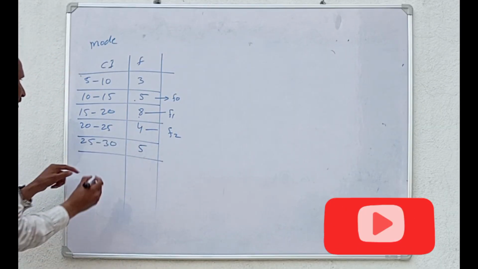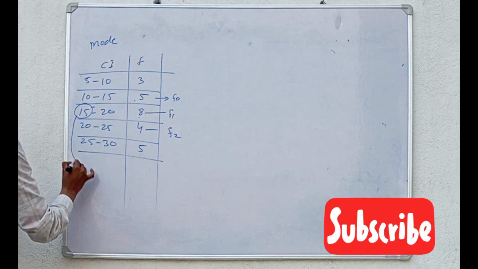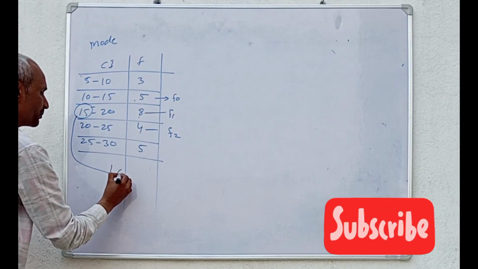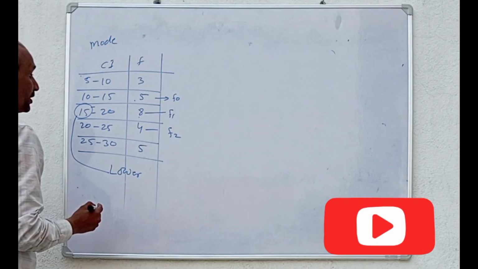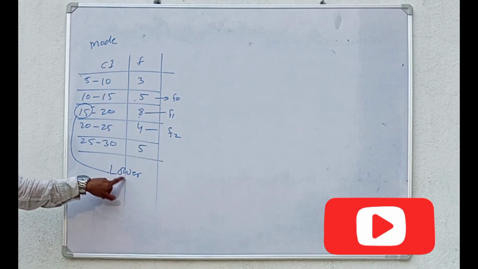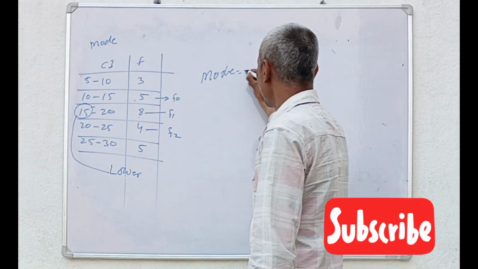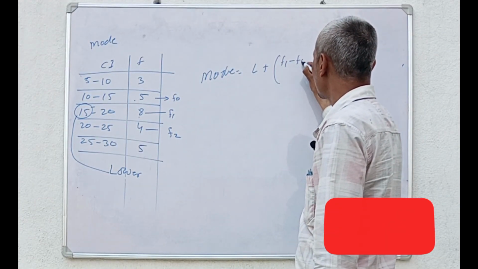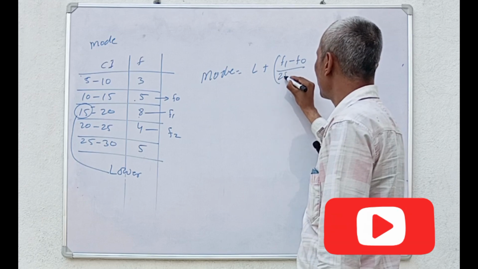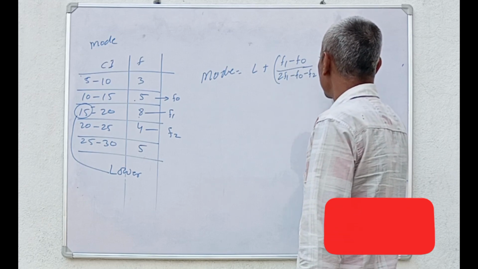In front of F1, the class lower limit becomes L. Now the formula: mode is equal to L plus (F1 minus F0) by (2F1 minus F0 minus F2), into H.